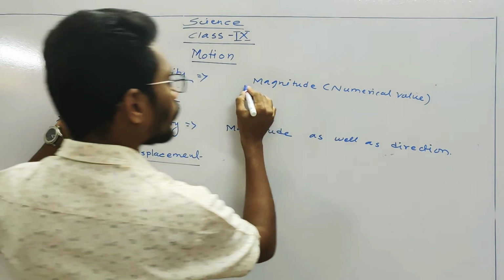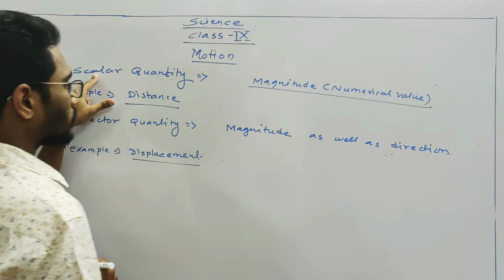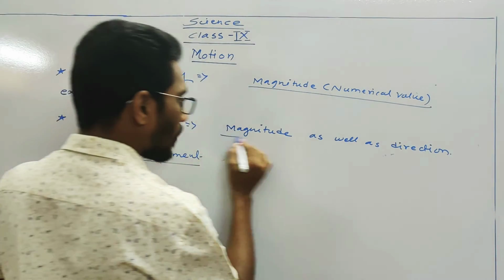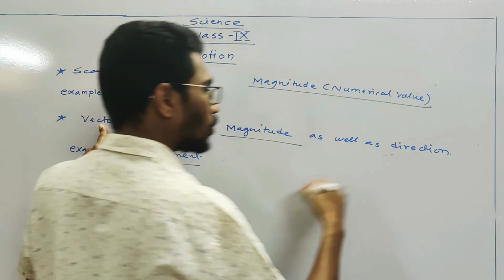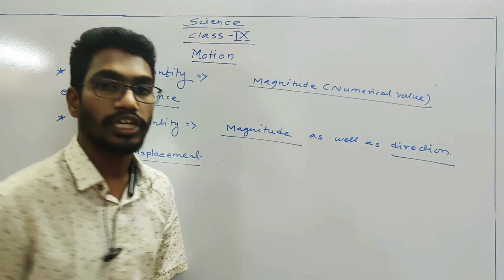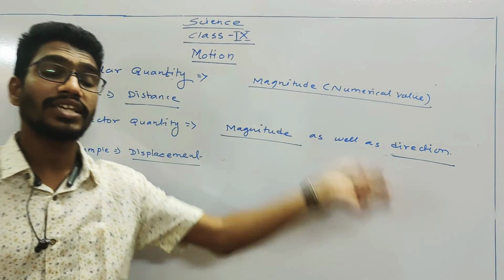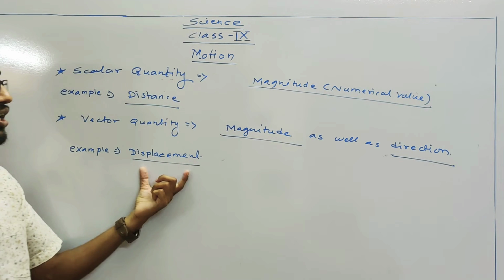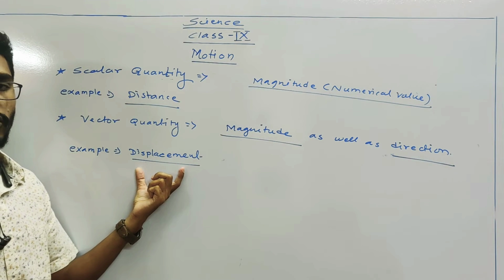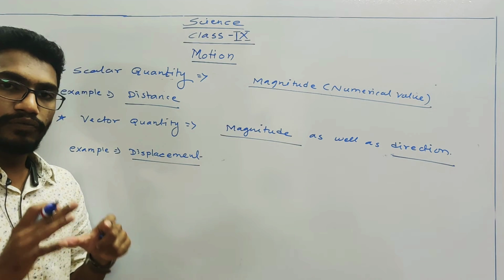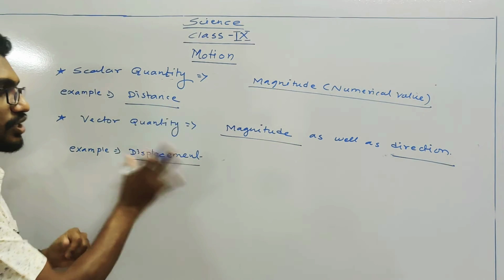Scalar requires only magnitude, but vectors require magnitude and also direction. कितना और कहाँ से कहाँ तक, that is nothing but your displacement. Is it clear? So up to this topic we had a discussion on distance and displacement only.